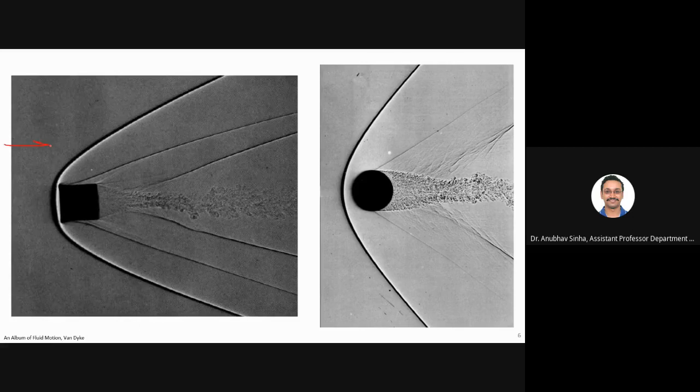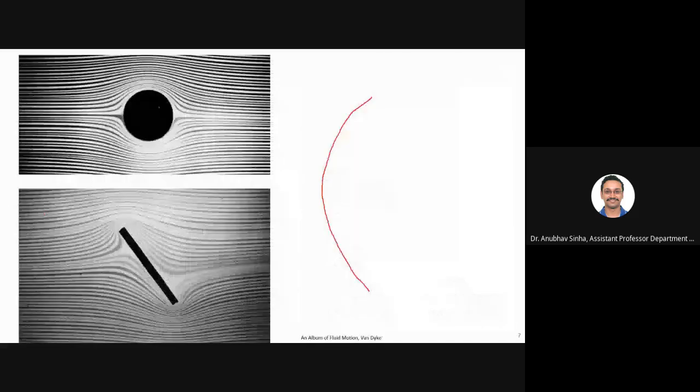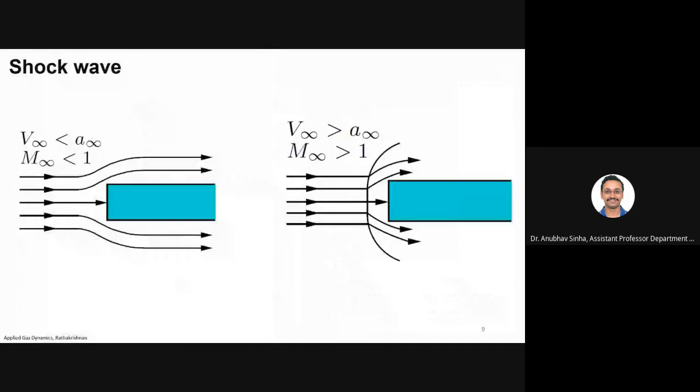Either this is stationary and the fluid is moving, or the fluid is stationary and this is moving. Let us look at those examples. Can you tell me whether this object is moving or the fluid is moving? Can anyone guess?